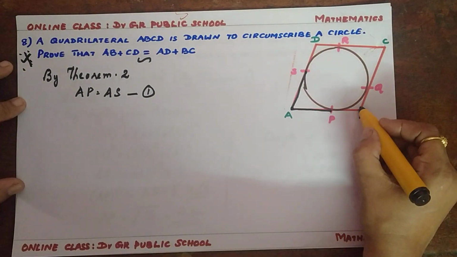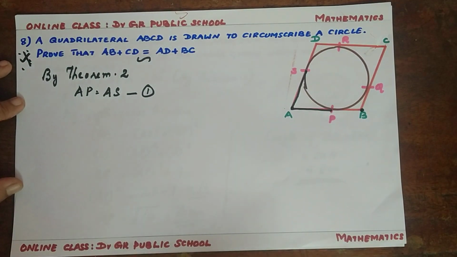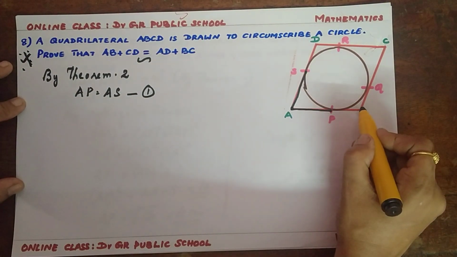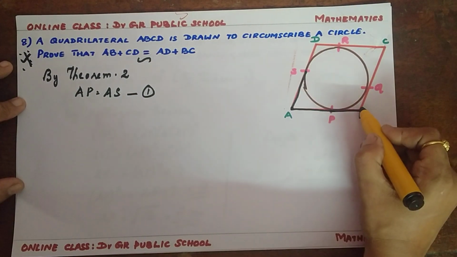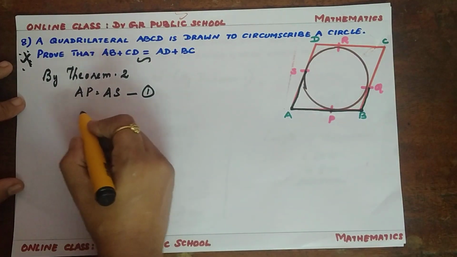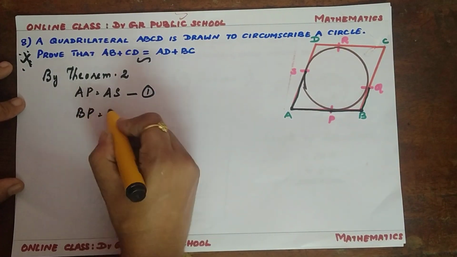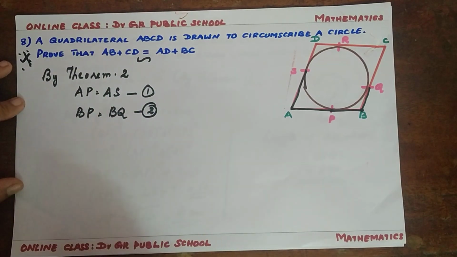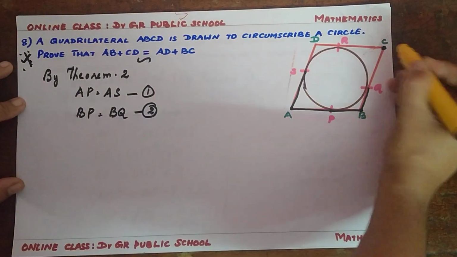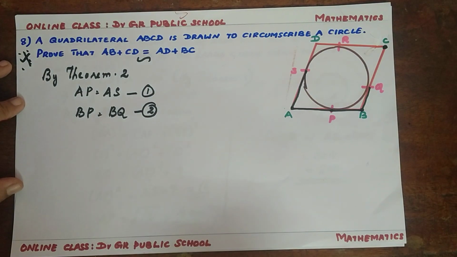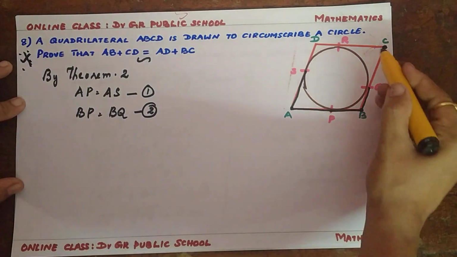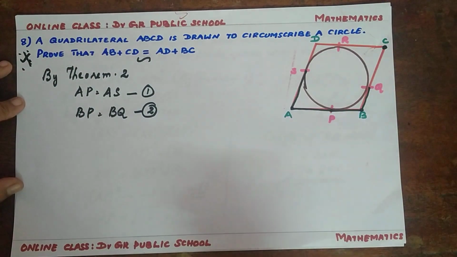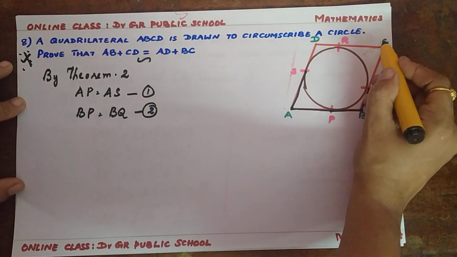The same way, B you can think of as an external point to the circle. Again, the lengths of the tangents from the external point are equal. So BP equal to BQ. Am I right? BP equals BQ. That is equation number 2. Now, C you can think of as an external point to the circle. Again, listen here, the tangents drawn from the external point to the circle are equal in length.